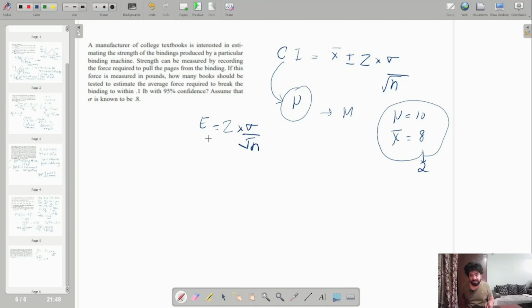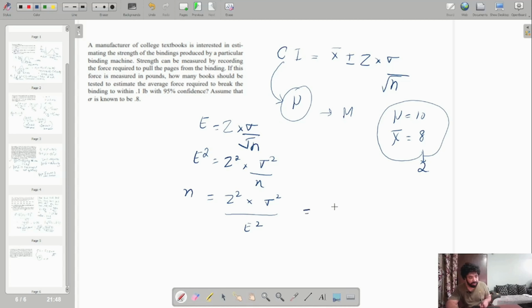If I have to solve this, I square both sides: E squared, and this is going to be squared again, and this is going to be n. So I can write this as n equals Z squared times the population standard deviation squared, divided by E squared, where n is the sample size I need.